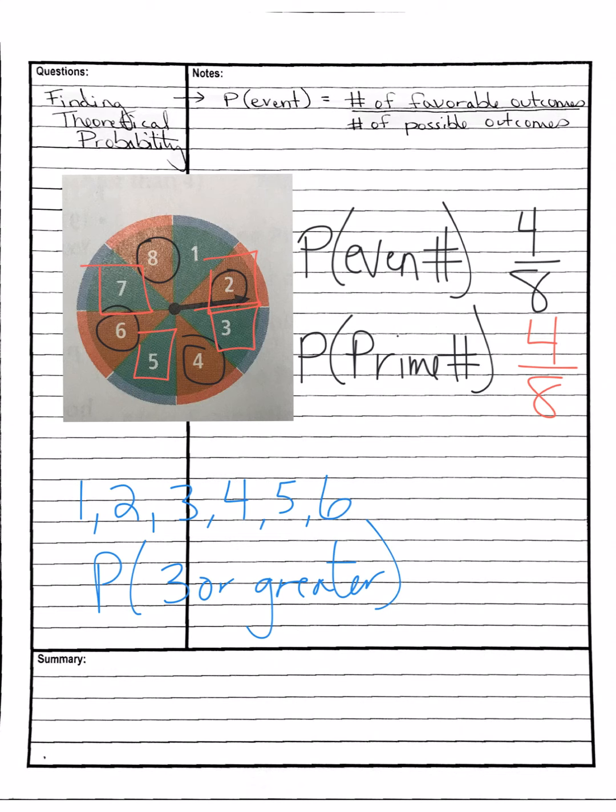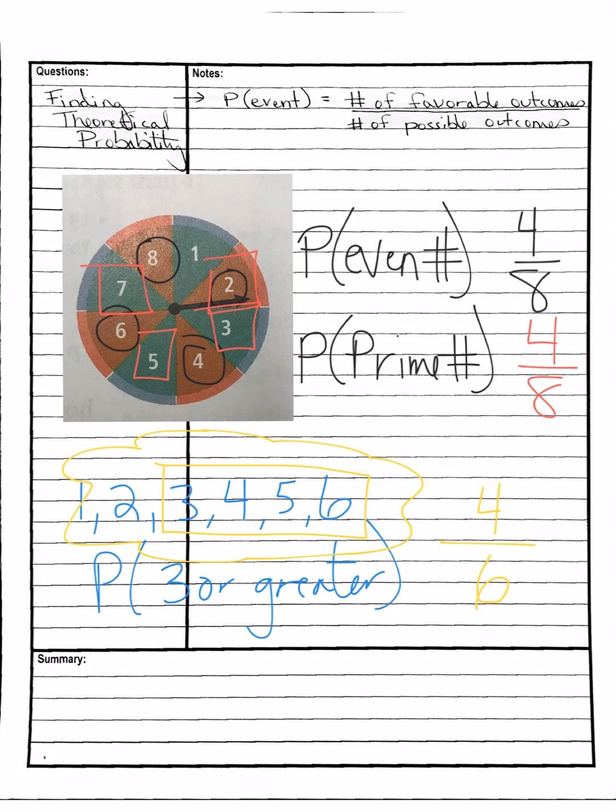Well, what numbers are 3 or greater? How many favorable outcomes are there? There are 4. How many total possible outcomes can we get? There are 6 possible outcomes. So this would be 4/6.